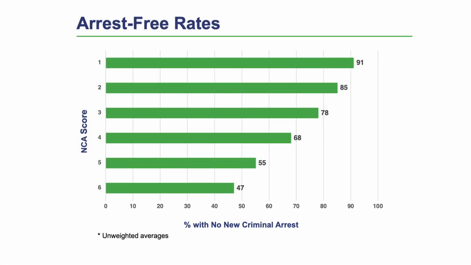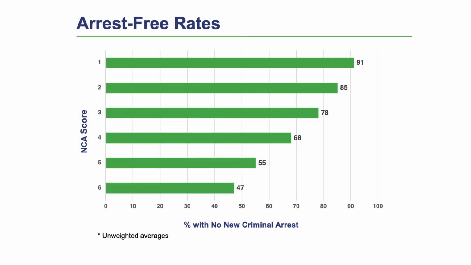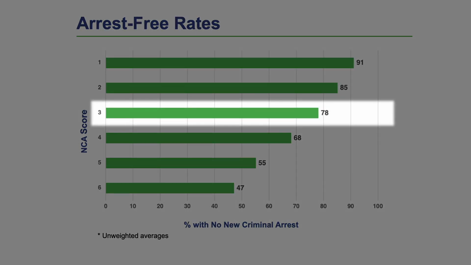You can see that in the group with an NCA score of 1, 91% of the people were not arrested. That is, only 9% of the people with an NCA score of 1 were arrested for a new criminal offense during pretrial release. For cases with a score of 3, their arrest-free rate was 78%.